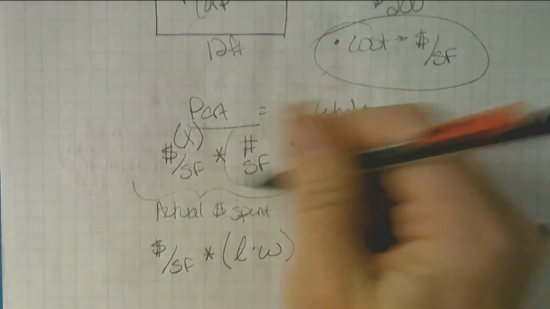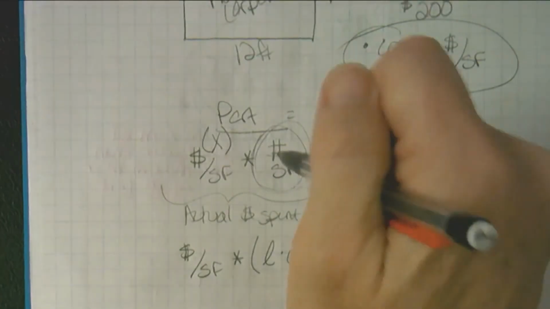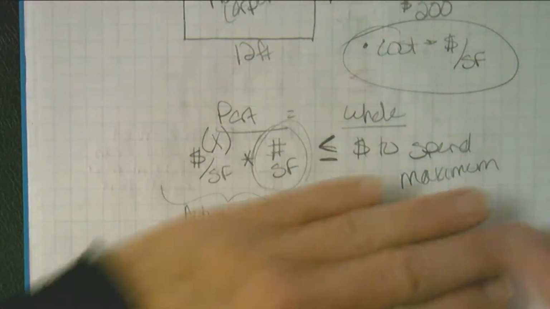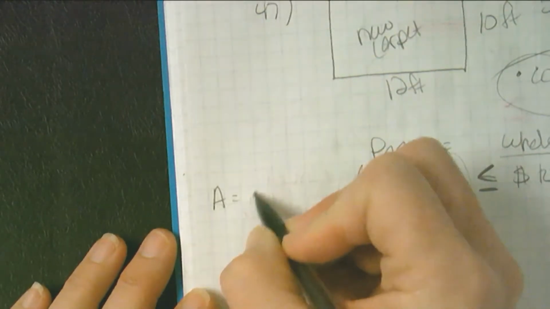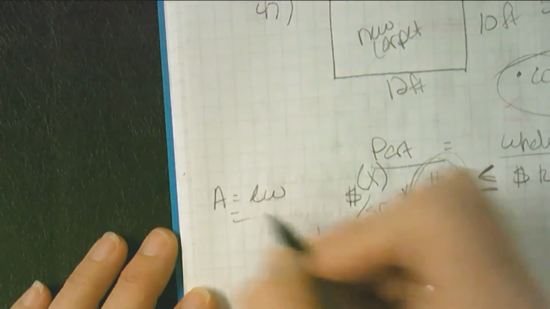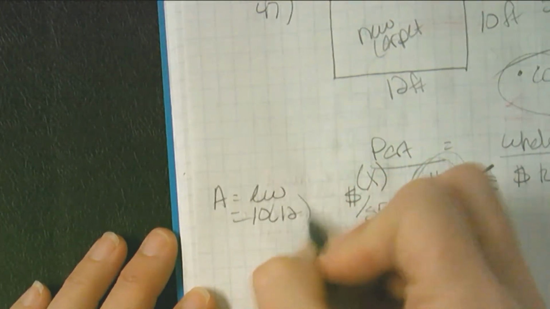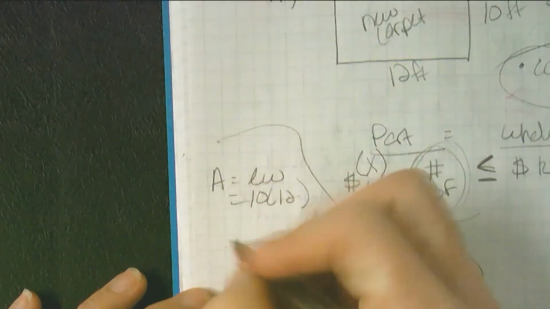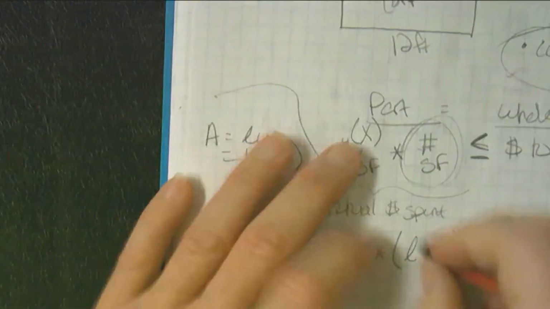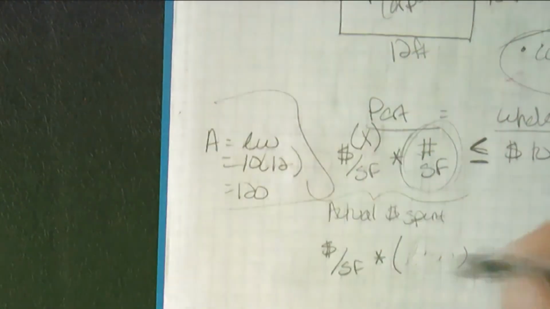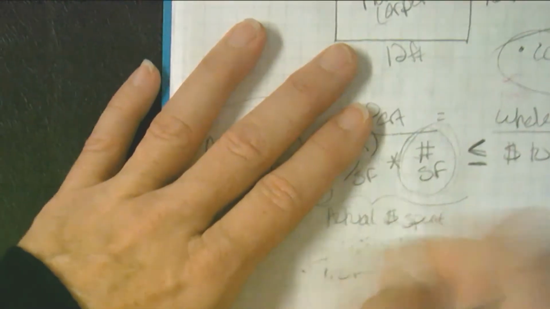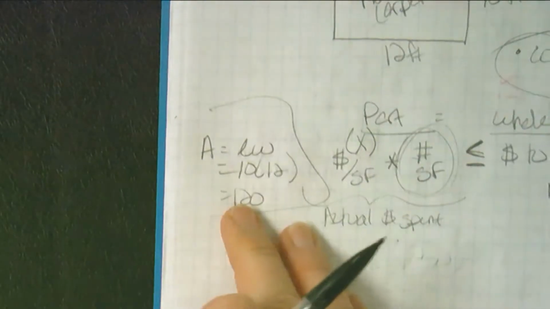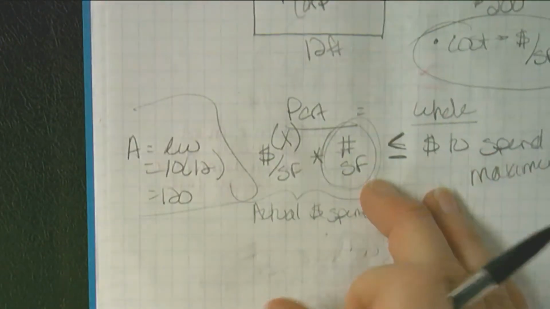So somewhere you need to figure that out. Somewhere I need to see that formula. Whether you start here and off to the side, you say the area is equal to length times width, and you do that off to the side, I'm so fine with that, which is 120, and then you bring that back in here, that's fine with me. I do need to see that formula somewhere, and I need to see you finding the area somewhere. I am okay with you doing that off to the side and bringing it back into this game plan.